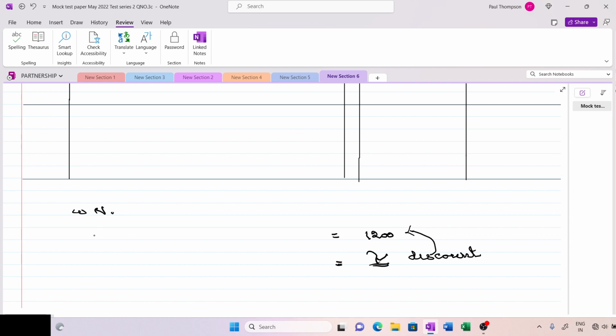What the amount received? We already know the amount received. Amount received is rupee 51,300. Then discount is 1,200. You got it?